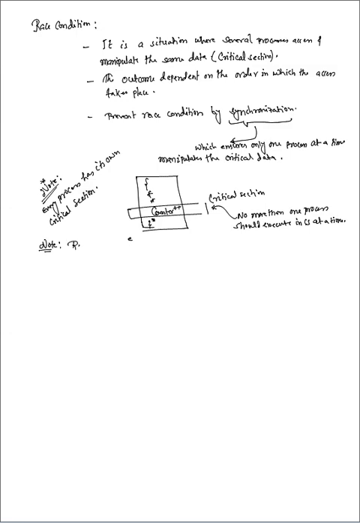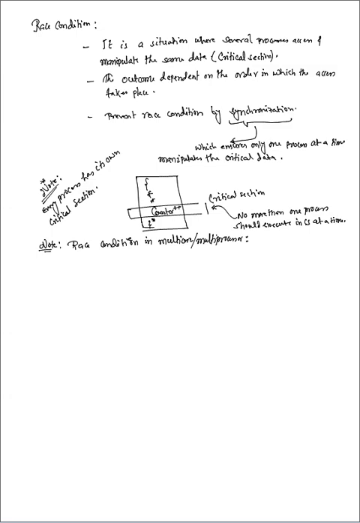So race condition, till now we have seen for the uniprocessor. So what will happen in multi-core or multiprocessor? So, race condition in multi-core or multiprocessor. What will be the condition?